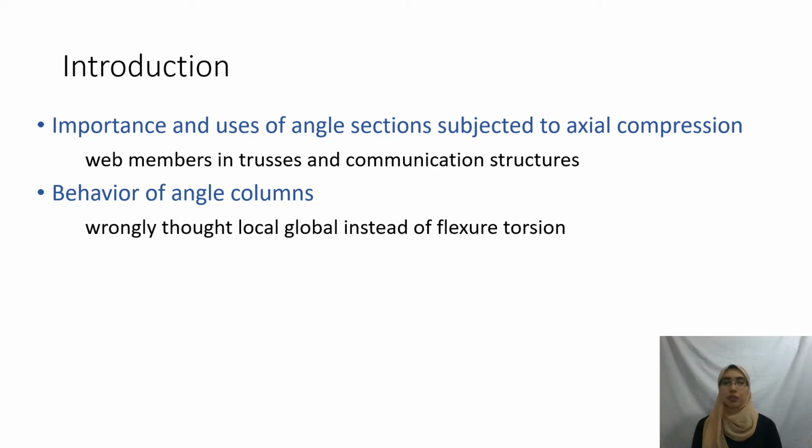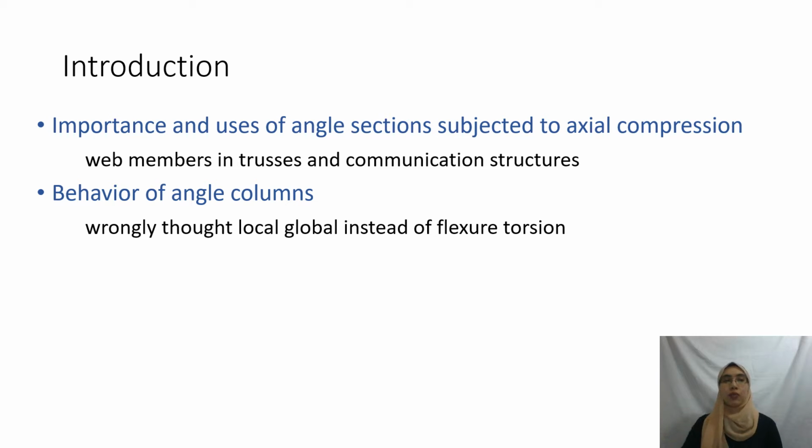This presentation therefore presents the behavior of equal and unequal plain and lipped angle sections subjected to axial compression. Angle sections are the simplest to form, but the most difficult to design, as there is no primary warping resistance, so they are highly affected by instability phenomena involving torsion.